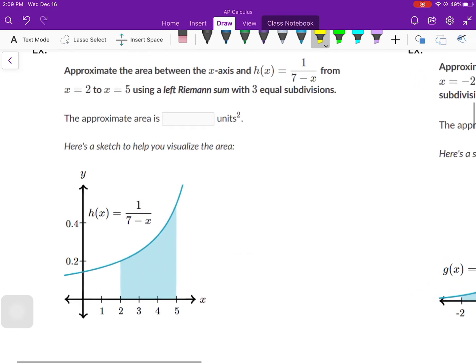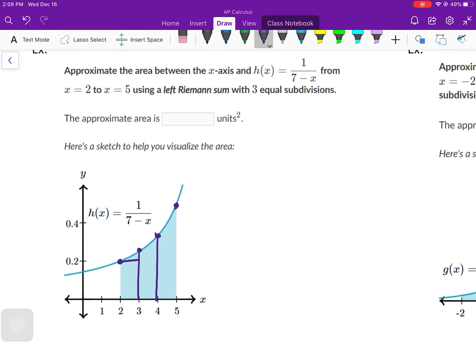Okay. What about something like this? Let's break it to a table. If we're good with tables, might as well make a table, right? So approximate the area between the x-axis from 2 to 5 using a left Riemann sum. We want 3 equal subdivisions. So I'm going to break this into 3 subdivisions. So we're going to have 1, 2, 3 rectangles, and we're doing a left sum actually, so we want the left 3 points.